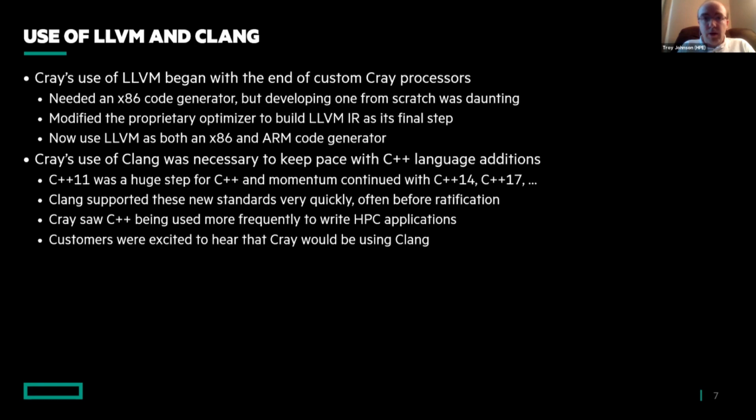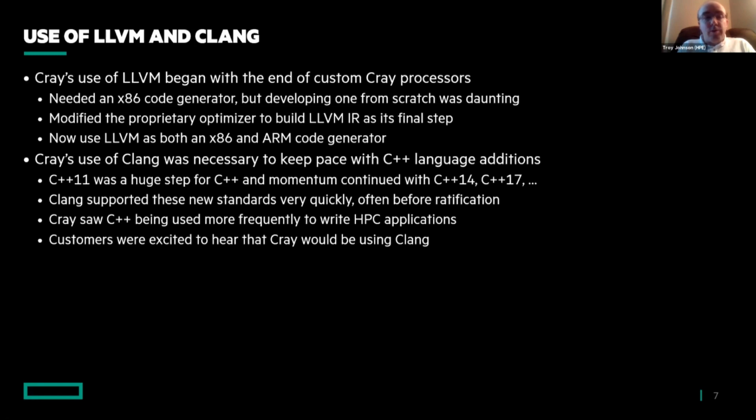And so in order to keep our compiler going and continue to have an in-house compiler, we were faced with a choice. We had to develop an x86 code generator from scratch in-house, which seemed a particularly daunting task, especially to do it on a short time schedule. Or we could use an existing x86 code generator.